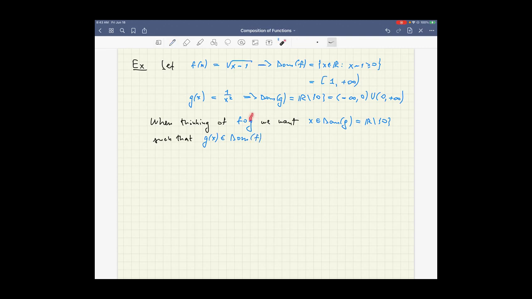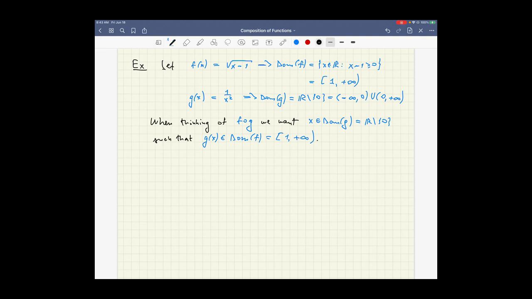Because remember, f composed with g is f of g of x. In order for this to make sense, g of x has to be in the domain of f. And again, the domain of f is the interval [1, positive infinity).